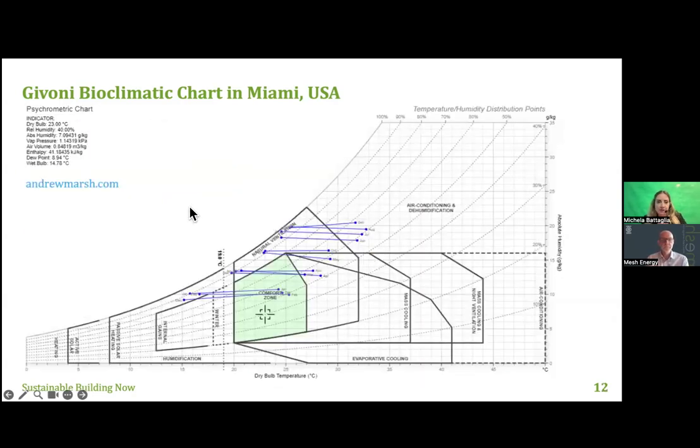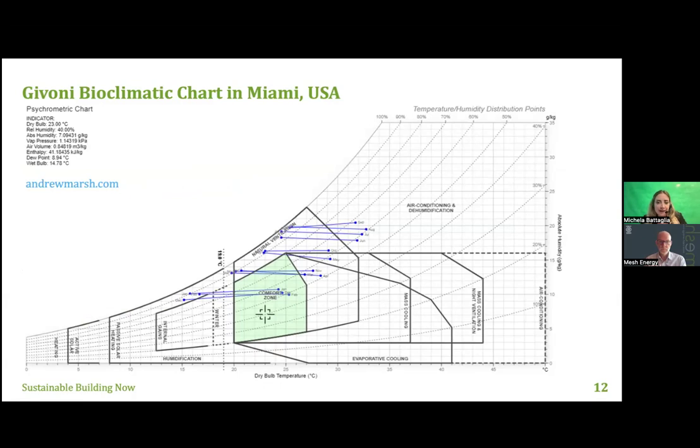Here, always using the same website, andrewmarsh.com, you can see for each month what the average is and in what area we are. So you can see here that we are in the comfort zone, but also in the natural ventilation zone and in the mass cooling with high thermal mass zone.